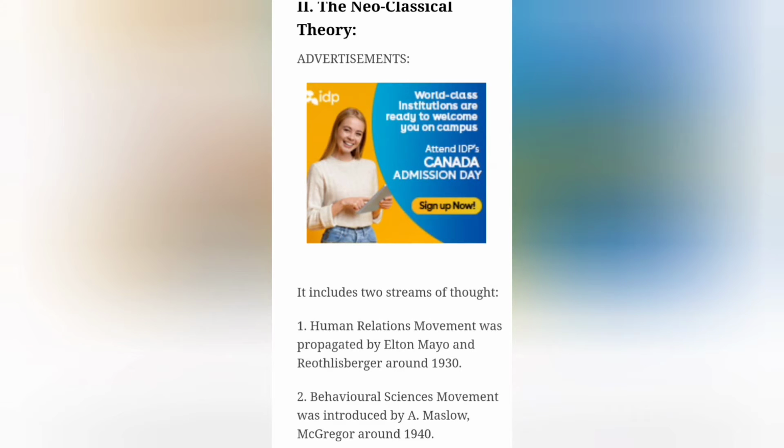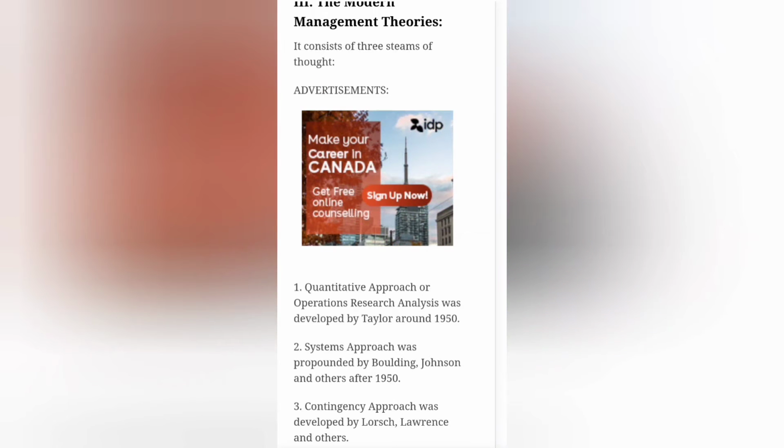After that, the neoclassical theory is divided into 2: the human relationship movement, like Elton Mayo and Roethlisberger, which is around 1930, and behavioral science, by Maslow and McGregor, which is of 1940. So the neoclassical is divided into behavioral science and the human relationship approach.